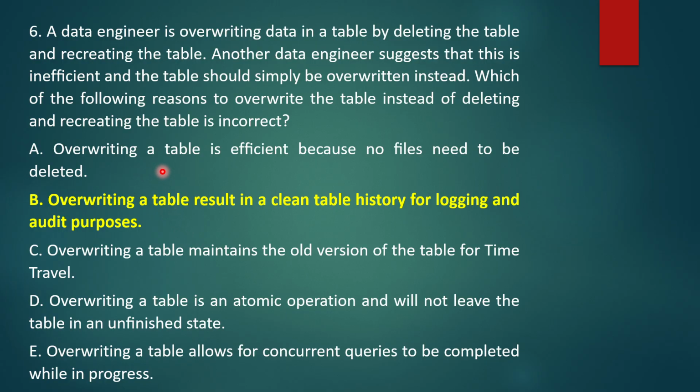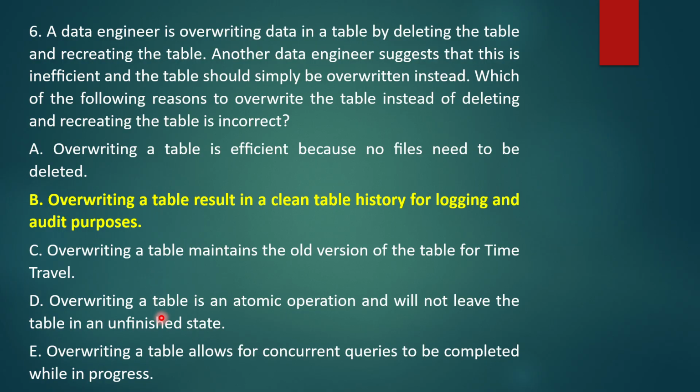Why are A, C, D, E not the answer? Option A, overwriting a table is efficient because no files need to be deleted. This is true in Delta Lake, so it is a correct reason to prefer overwrite. Option C, overwriting a table maintains the old version of the table for time travel, is also a strong reason to prefer overwrite.